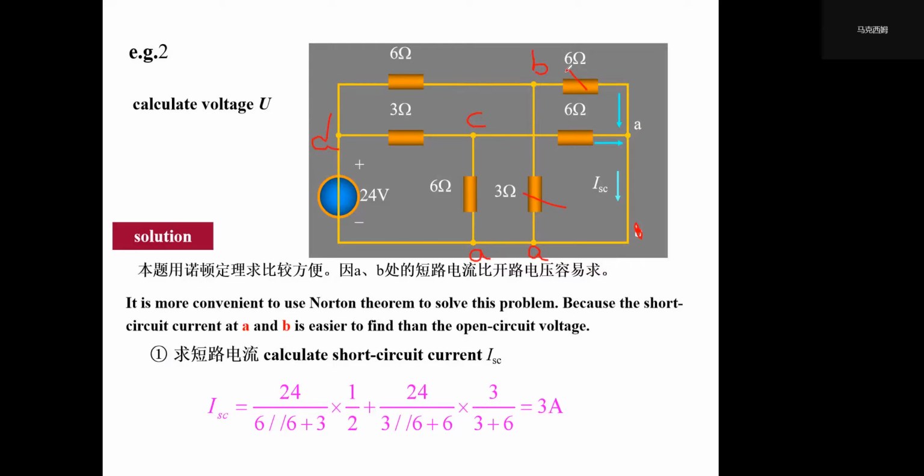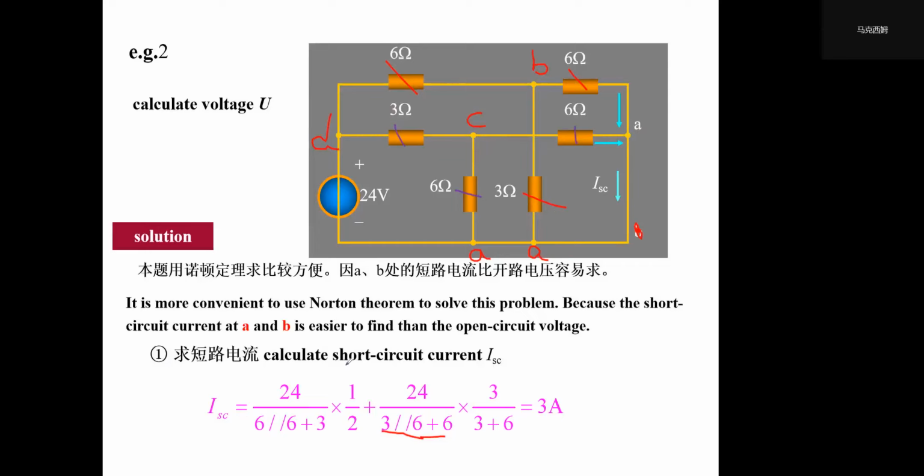So 6 and 3, and this one is between A and D, right? That's this one. And for another branch, this one is between A and C, and still A and D is here.